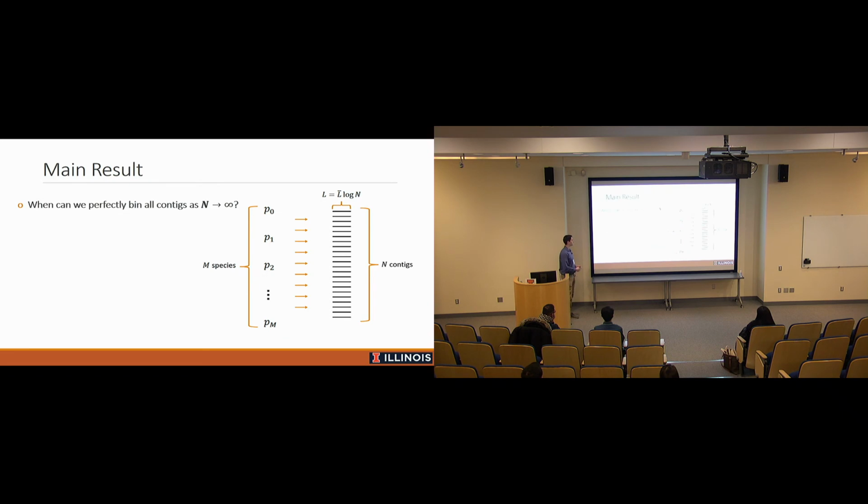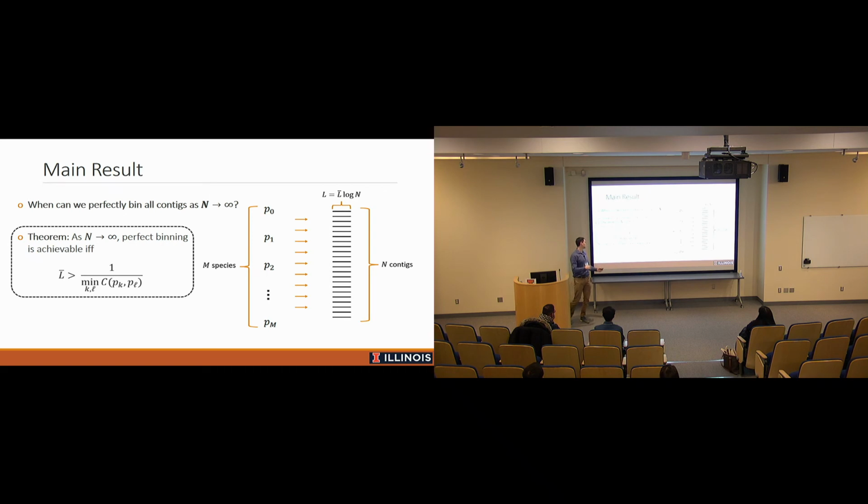Our main result is that as n goes to infinity, perfect binning is achievable if and only if this constant L bar is greater than 1 over the minimum Chernoff information between two species.